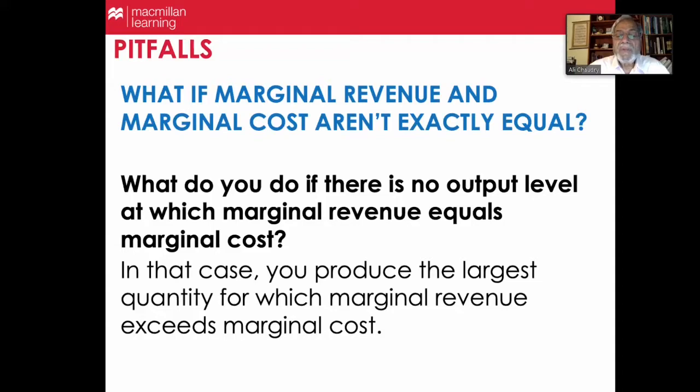So we recognize that output could be a little bit higher or lower than that at which the marginal revenue and marginal costs are equal. But generally speaking, we ignore those fine details and we generalize based on the simplification that as long as the marginal revenue is equal to marginal cost or it's higher, that is the level at which people are going to be selling.